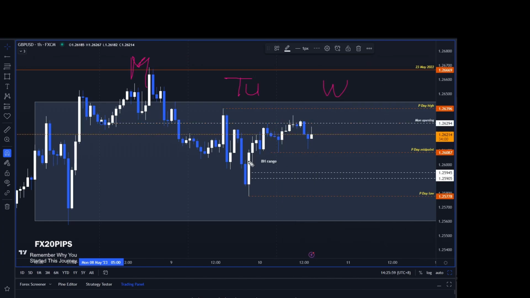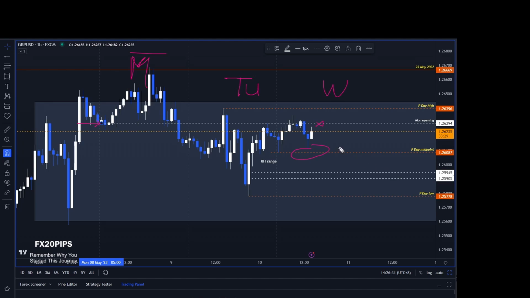What I am currently seeing is that this is the start of the weekly candle, because the week candle starts on Monday, it opens here. And currently the candle is nearly going back to the Monday opening. It is currently above the midpoint of the previous day.